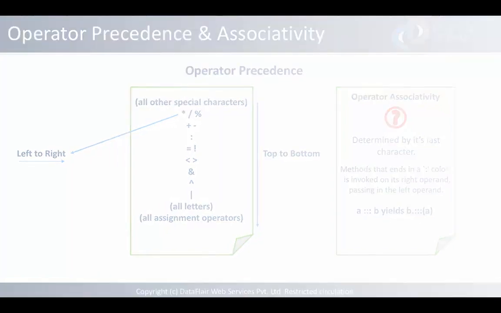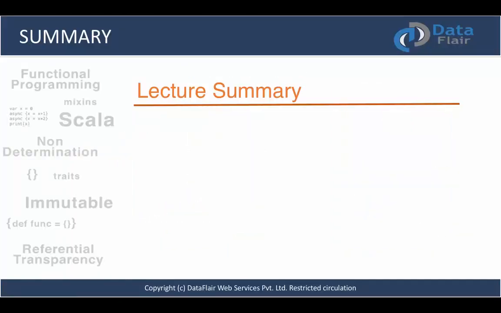So guys, this is what we had to talk about in this lecture. Now let's summarize what we have learned. First, we talked about basic data types. Then we talked about literals, how we give values to data types. Then we talked about operators, all these logical, arithmetic, relational, and bitwise operators.